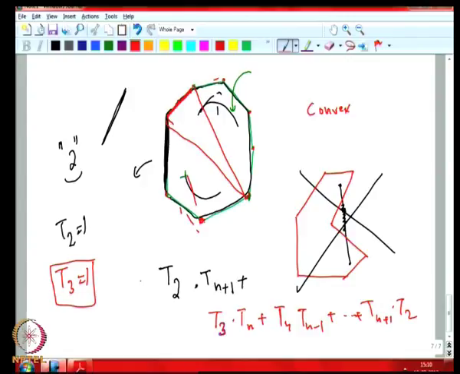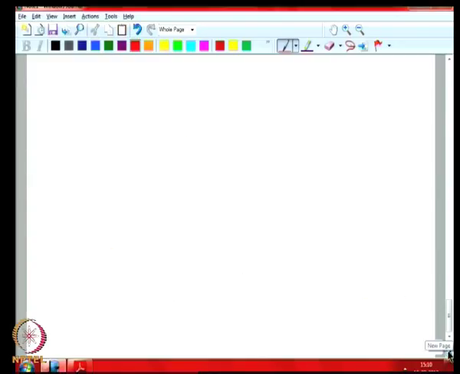Now, this is going to be T n plus 2. Suppose you identify that T n plus 2 is equal to Cn.